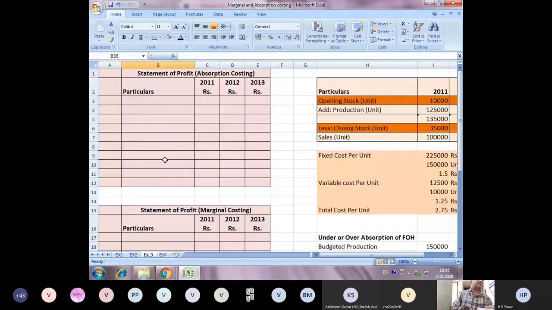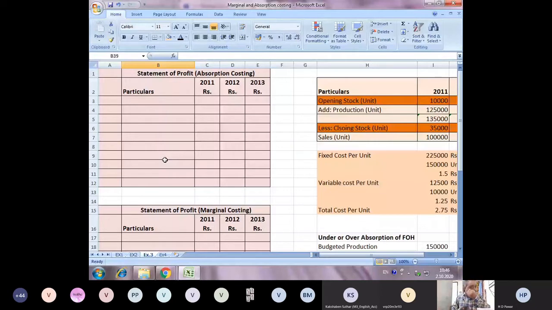Apart from this, the details relating to the 3 years of 11, 12, and 13 are given. And you are required to prepare the statement of profit under marginal costing as well as absorption costing: income statements for all 3 years, normal production capacity being taken as a base for absorption of overhead, using absorption costing, and income statements for all 3 years using the marginal costing system.